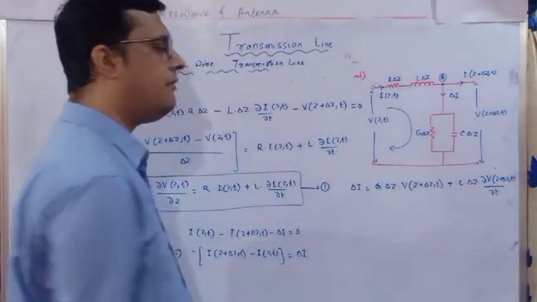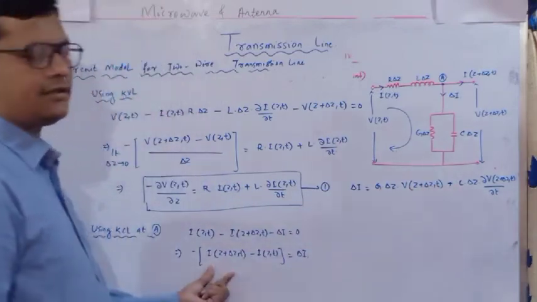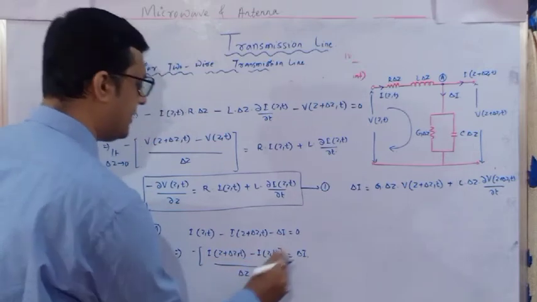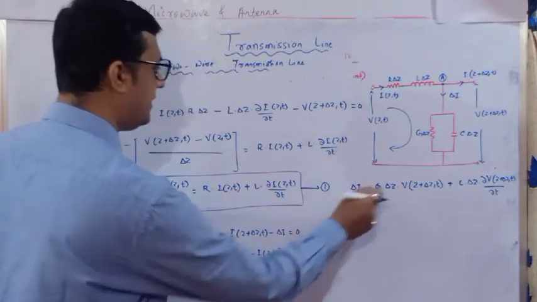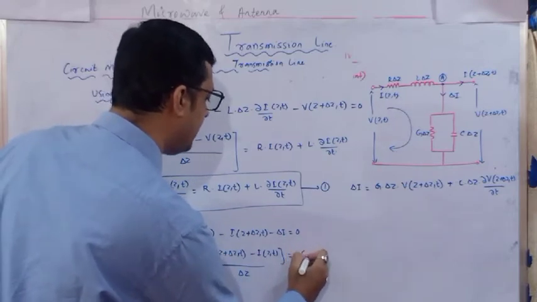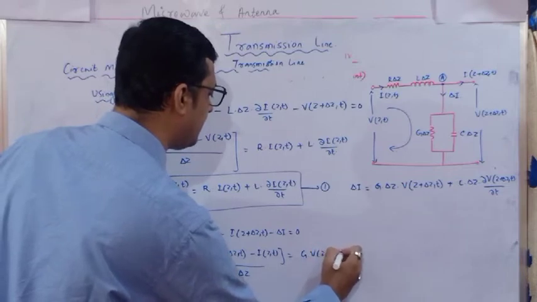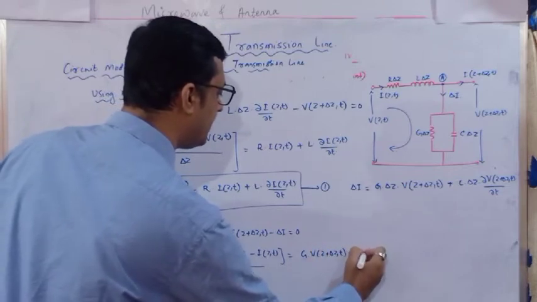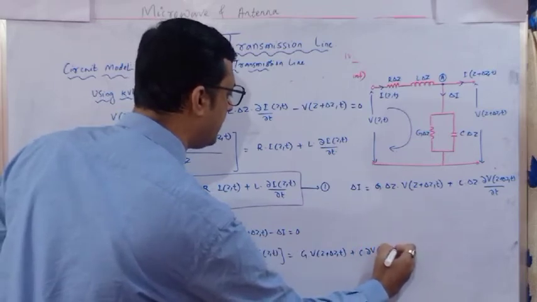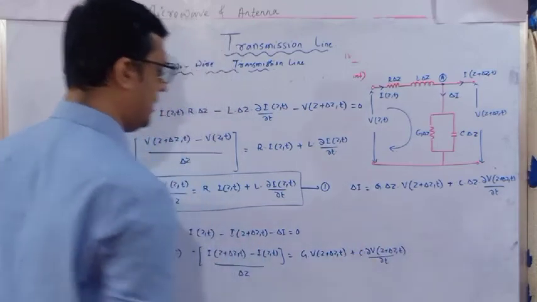Now this will be in the form of del Z. Here take del Z common and divide with respect to this value. So here I will write del Z. In place of this del I, I can write G V of Z plus del Z comma t plus C into del V of Z plus del Z comma t divided by del t.